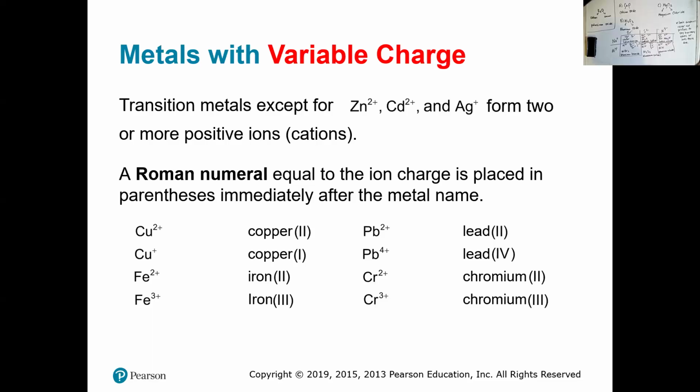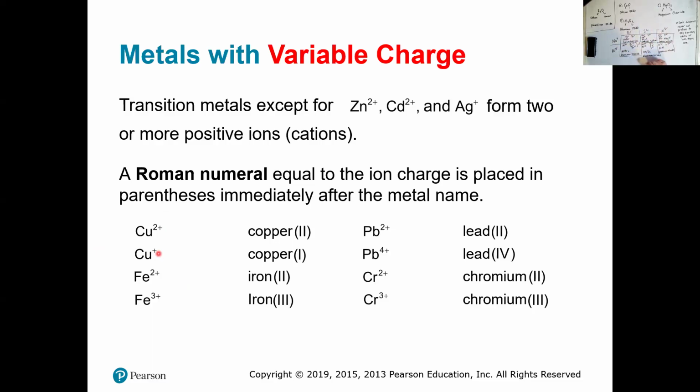We have to have a way to name the compounds that have metals with charges that can change, a way that makes them distinct from each other. We can't have two different types of copper compounds forming with oxygen having the same name if they're going to have a different number of combination of atoms.